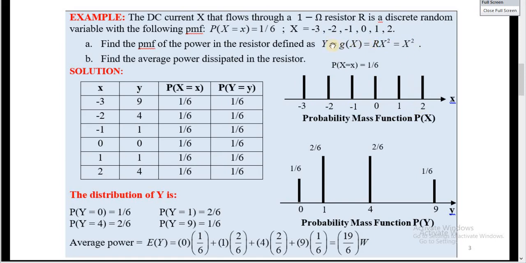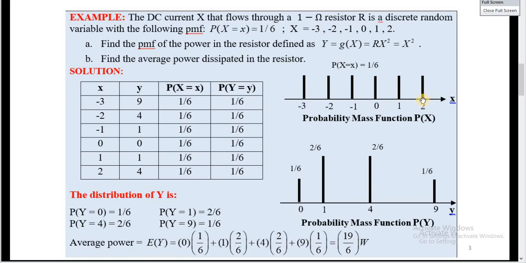So the problem that we are about to address is to find the probability mass function of the power in the resistor. So we need to find the probability mass function of Y, and we need also to find the average value of Y, that is the average value of the power.